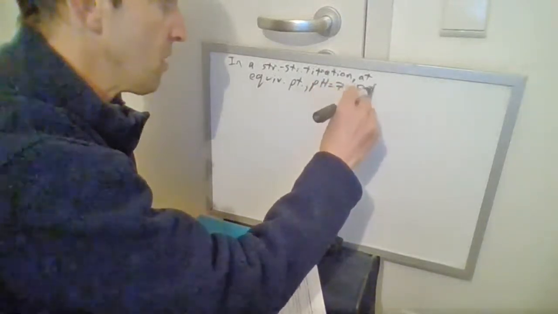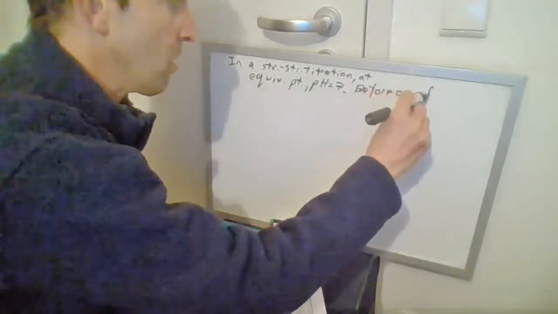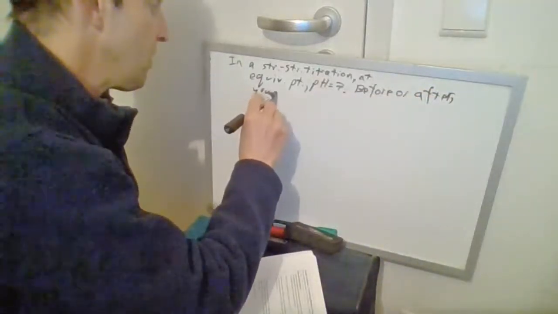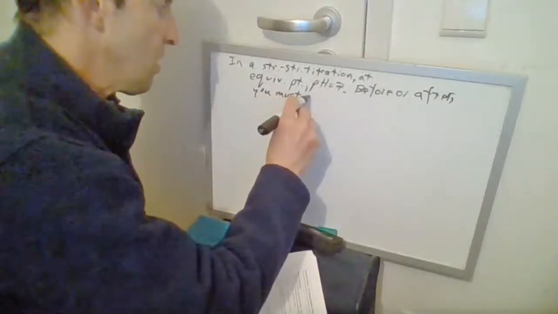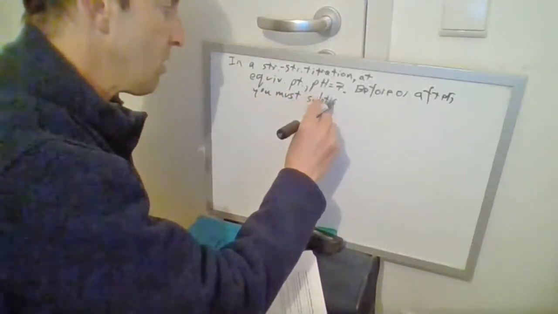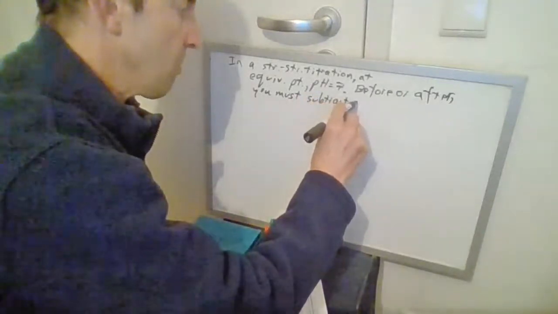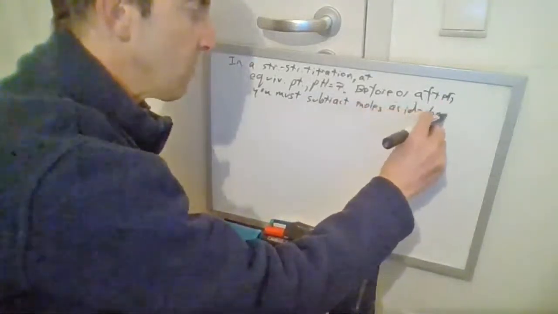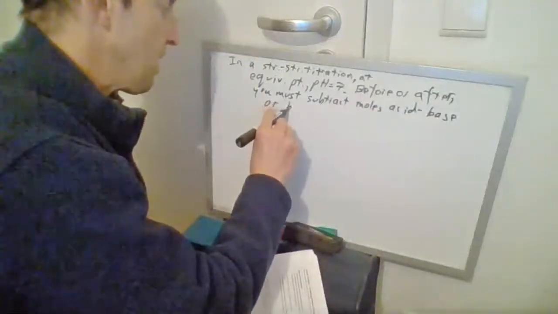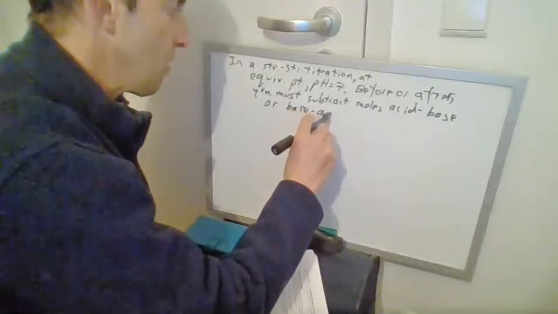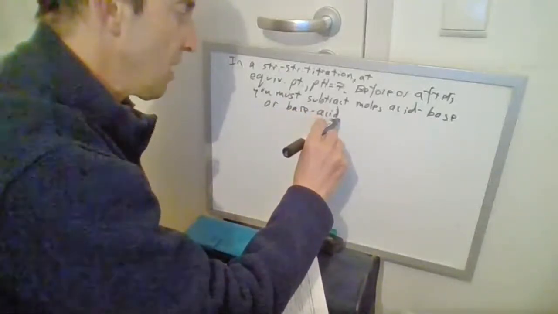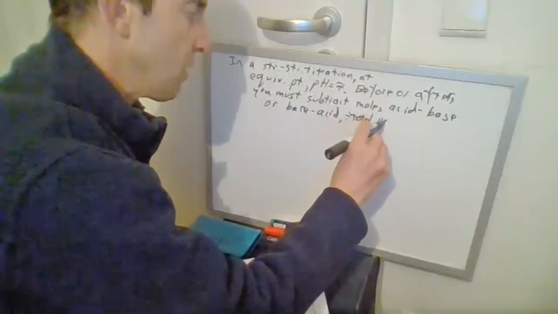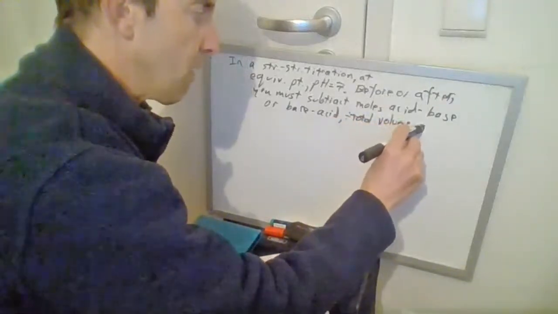Before or after that, you must subtract the moles, acid minus base, or base minus acid, divide by the total volume, and then get the pH or pOH.